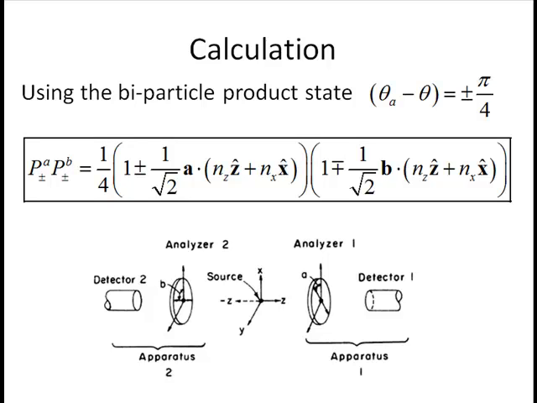Now, as Bob's angle is varied from 0 to 2 pi, it can only sample the same ensemble as Alice. That is because the particles come from the same source. So at different angles at Bob's side, he will find strong correlations at settings which are 45 degrees apart, and not strong correlation for other angles.